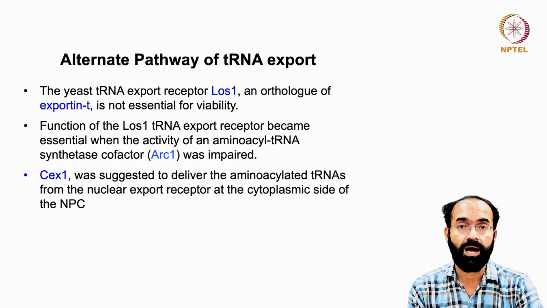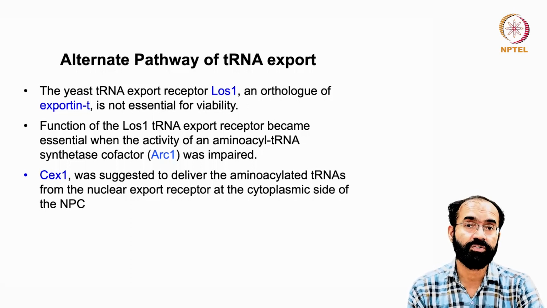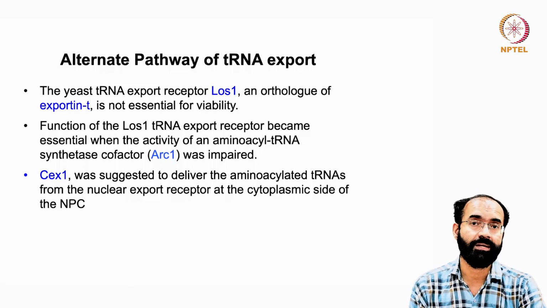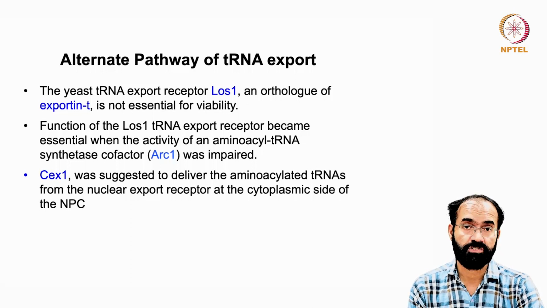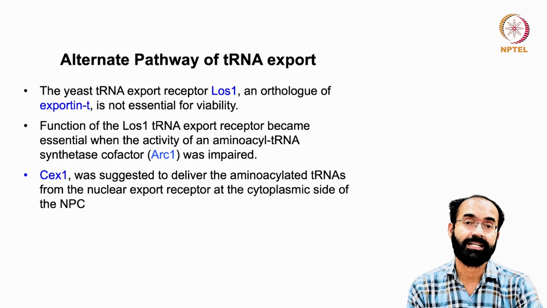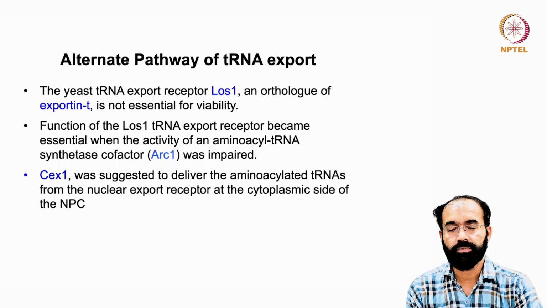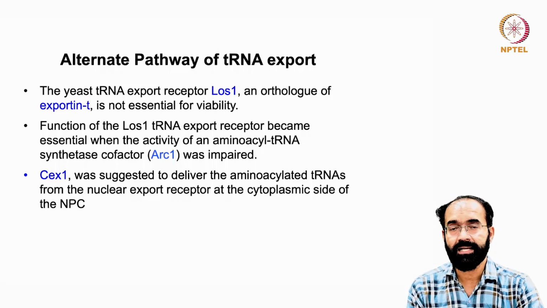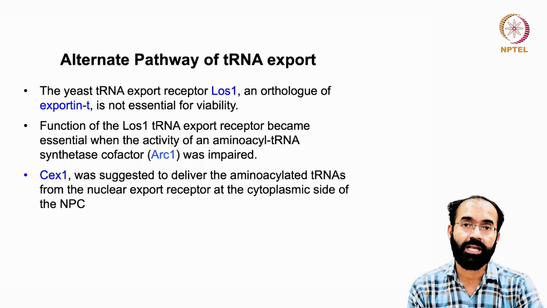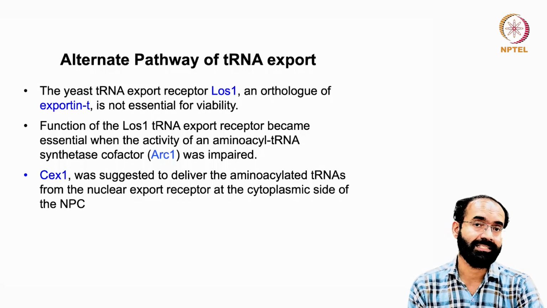So ARC1 and SEX1 can work together and they can complement the absence of LOS1 when it comes to the transport. So naturally what happens in evolution, LOS1 can acquire some novel functions eventually.